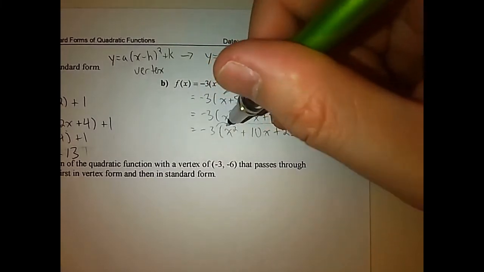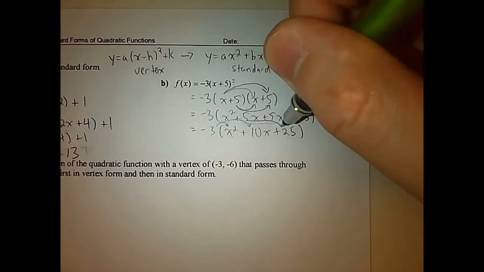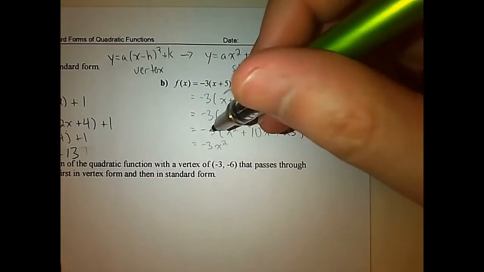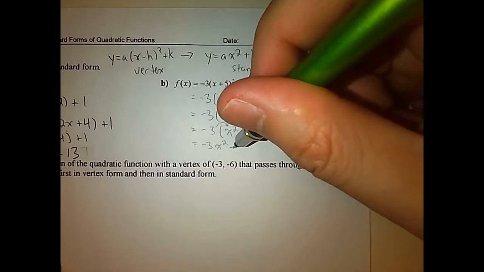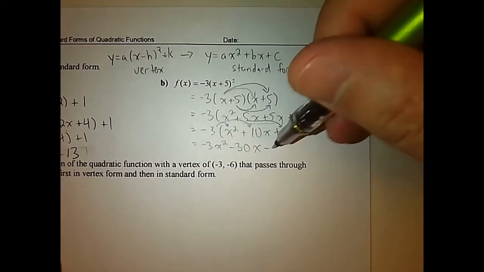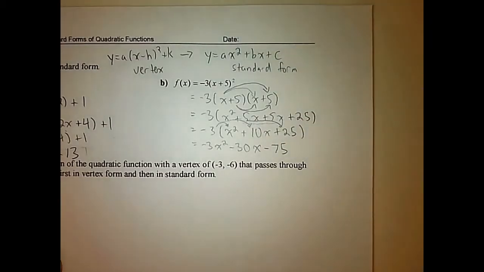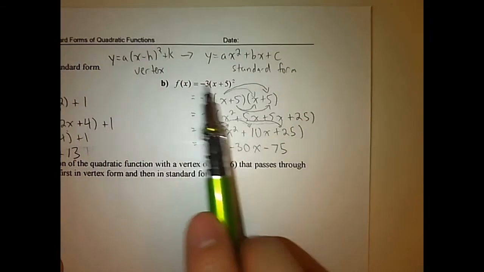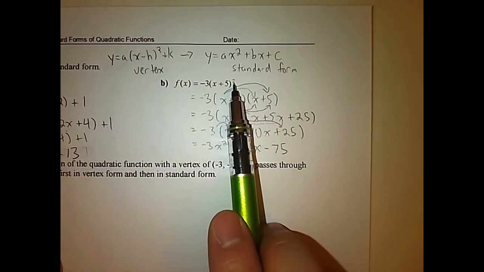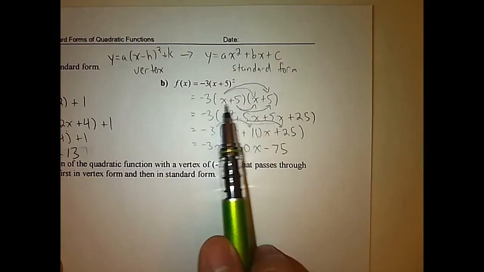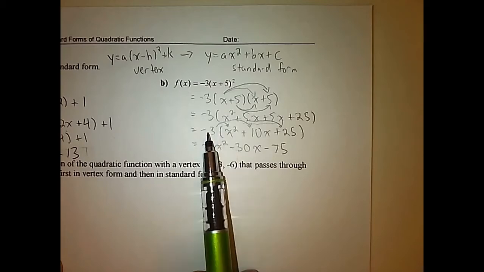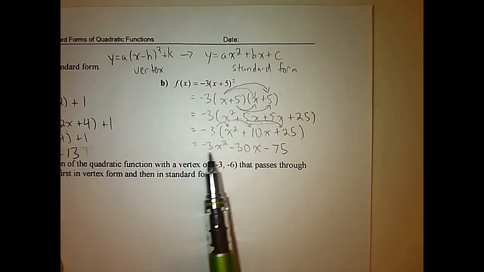And then I just multiply this out. Negative 3x squared. Negative 3 times 10x is negative 30x. Negative 3 times 25 is negative 75. So now we went from this form to this form by showing this to the power of 2 as two different factors multiplying it out, and then foiling this, and then expanding by distributive property to get this answer.